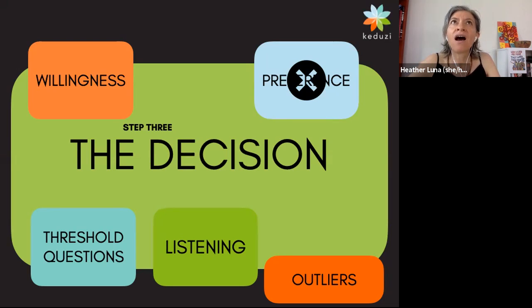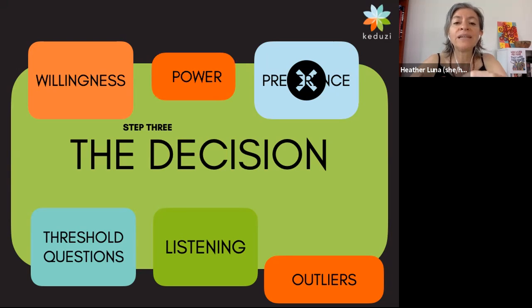And this is why all the other work and the other videos and the other workshops are so important, because we need to be able to look at our biases, the things that stop us from hearing one another. And we need to have a really good grasp of power and how that can be playing out when big decisions are being made.